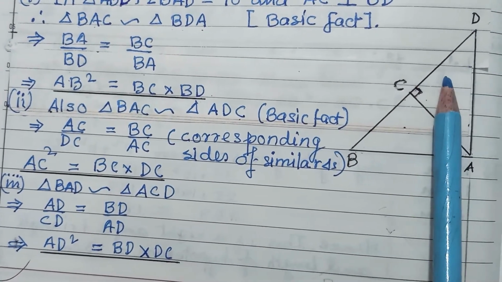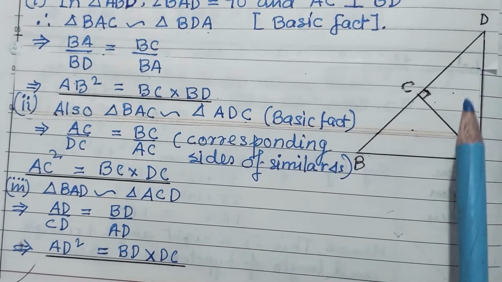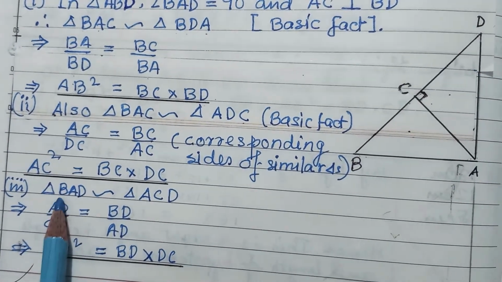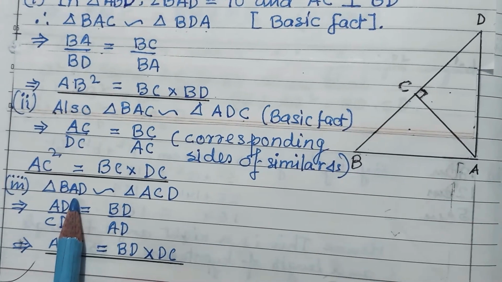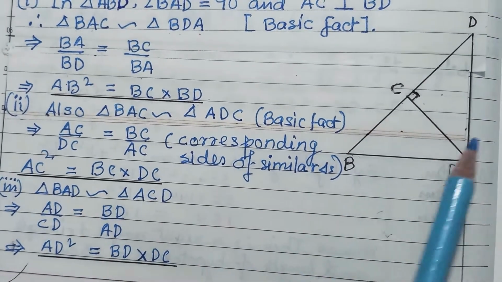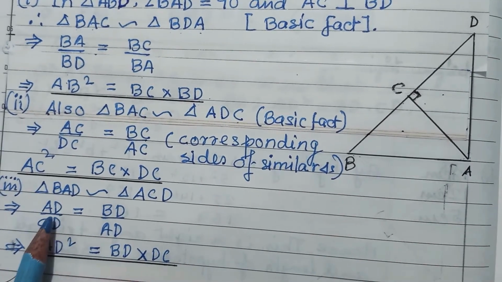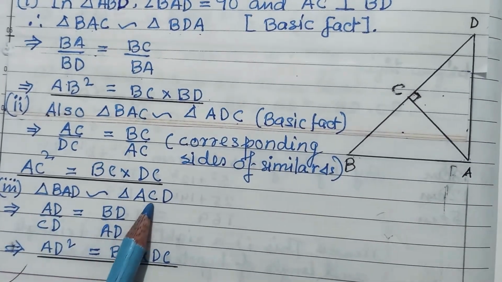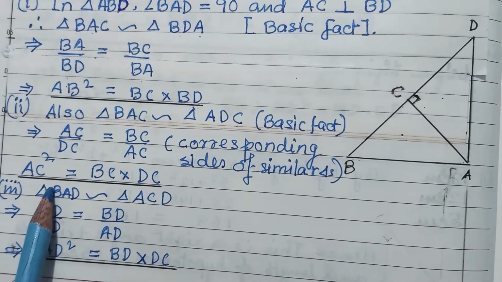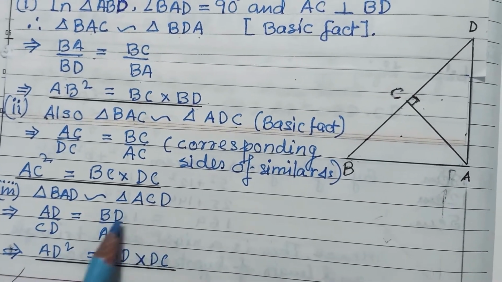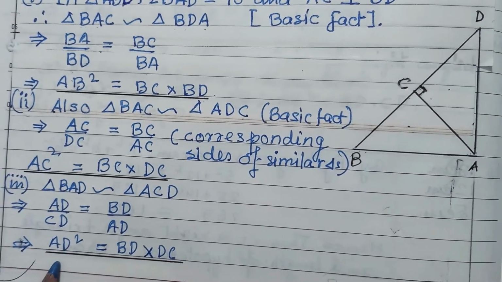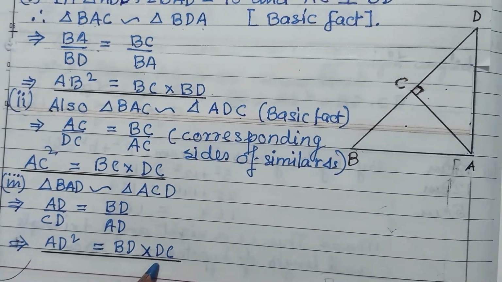That means this triangle and the bigger one, the whole triangle, we have to take. So BAD is the whole triangle, and ACD is this triangle. In this way you have to choose. Now AD upon CD is equal to BD upon AD. Cross multiply, AD square is equal to BD into CD.